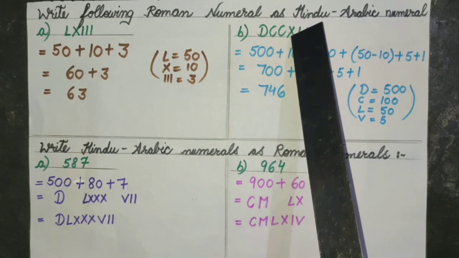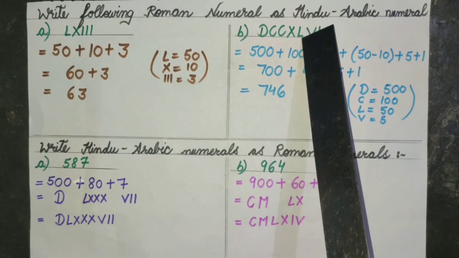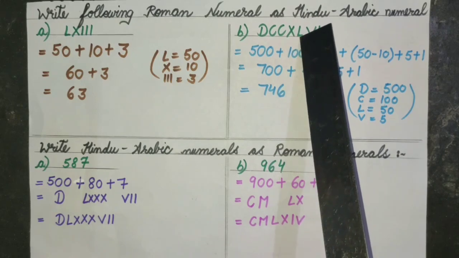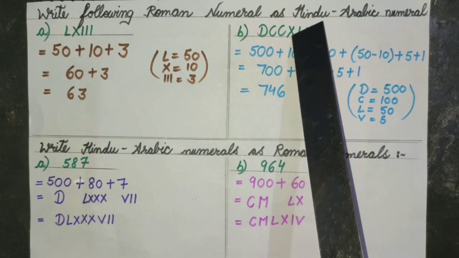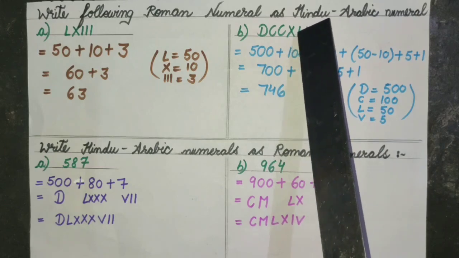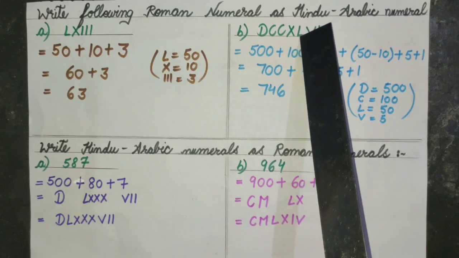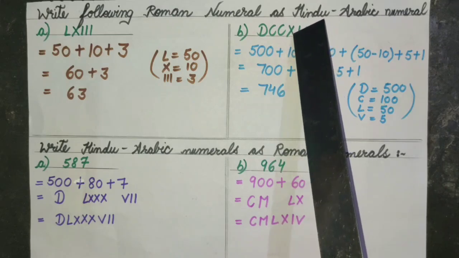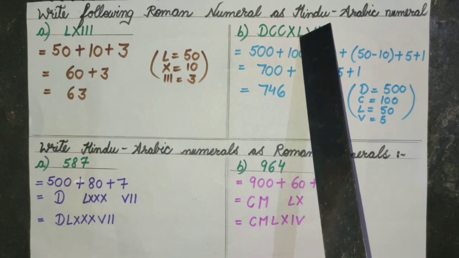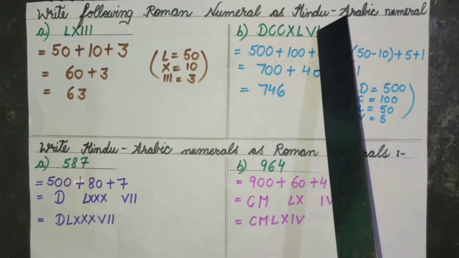Clear? Now, X, L. X is used before L. X means 10 and L means 50. Here rule 3 will be applied because when a symbol is used before a bigger symbol, it means we have to subtract the first value from the second. So 10 will be subtracted from 50, right?